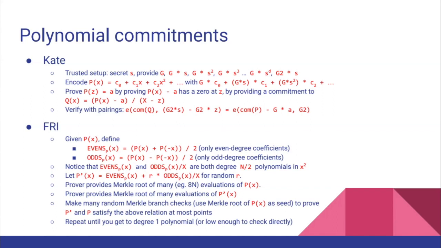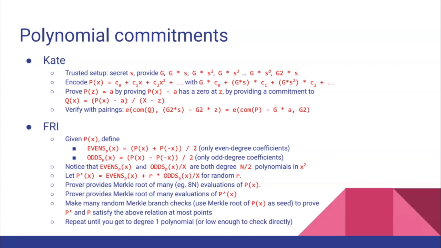And then you prove P(Z) = A by doing this kind of subtract and divide trick, right? You provide a proof to a quotient polynomial Q(X), where Q(X) equals (P(X) minus A) divided by (X minus Z).